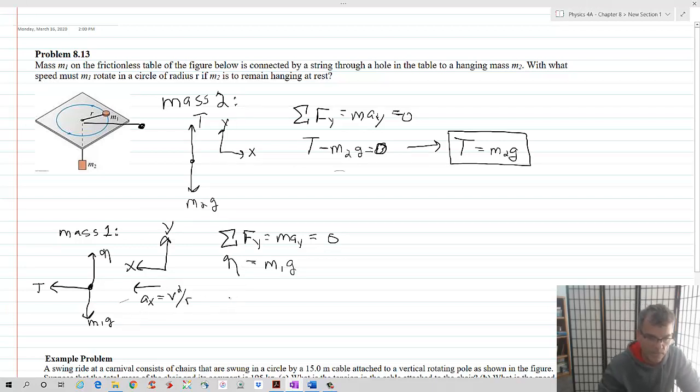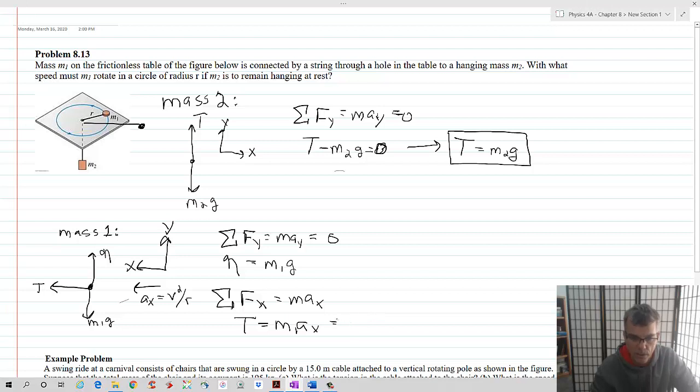Second, the sum of the forces in the x direction equals MAX. The only force in the x direction is tension to the left. I've defined to the left as positive, so tension equals M1 times AX. AX is V squared over R, so tension equals M1 times V squared over R.